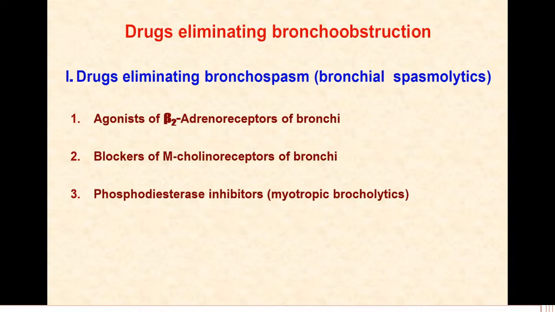What is the essence of action of these drugs? We need a relaxation of smooth muscles to dilate bronchi.